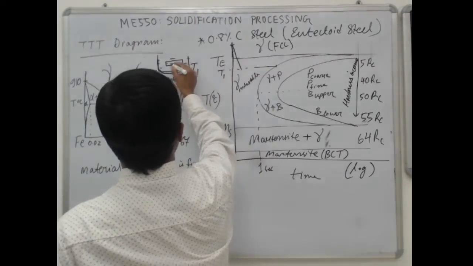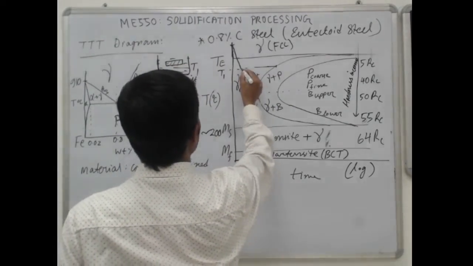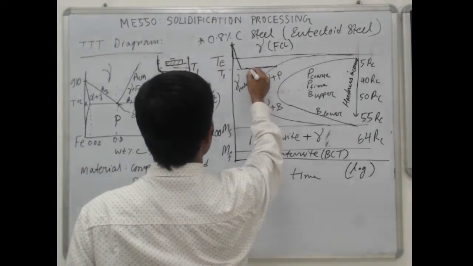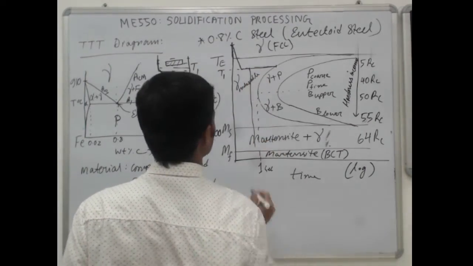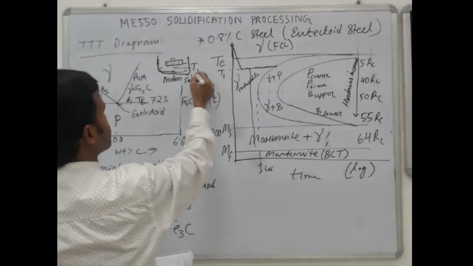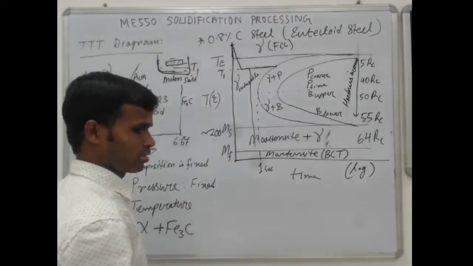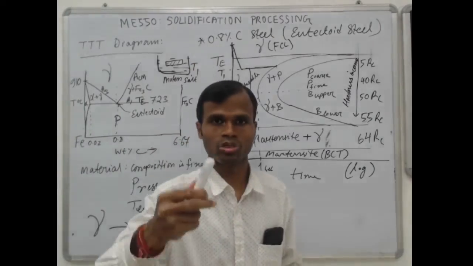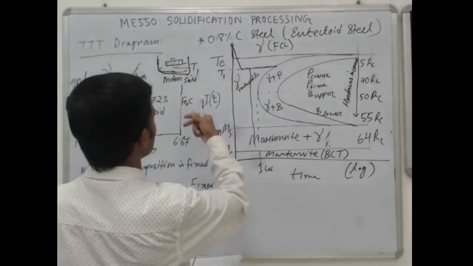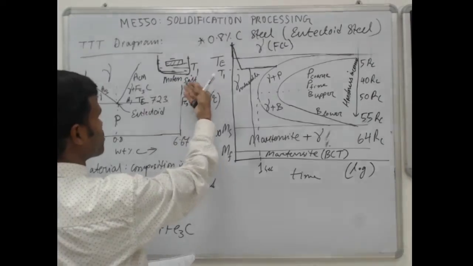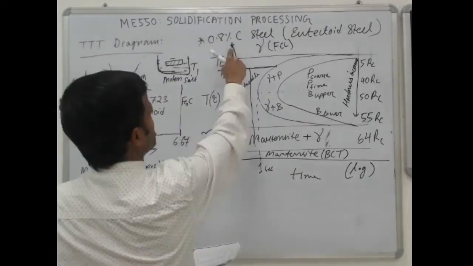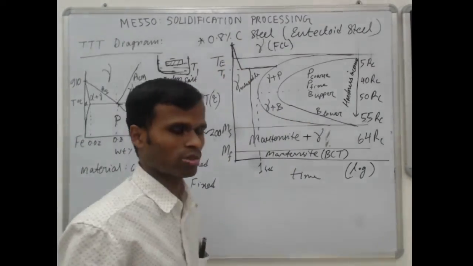Once you have this specimen here, you hold it for different amounts of time, say up to this amount of time, and then you quench it, take it out and put it into another water bath, where it will be quenched. This is just for explanation only; you can do it in different types of furnaces also.